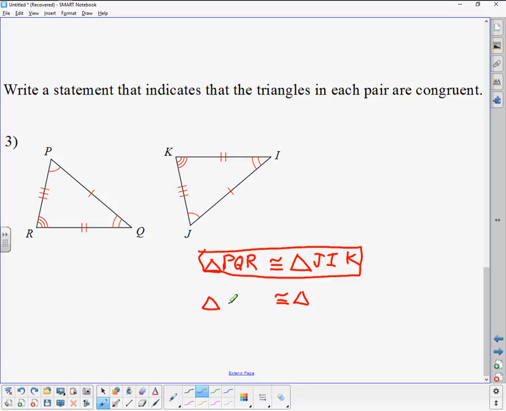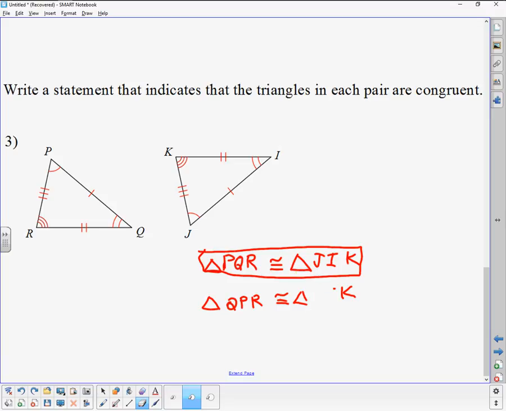Let's say someone wrote QPR. Well, that has to be the same as IJK.